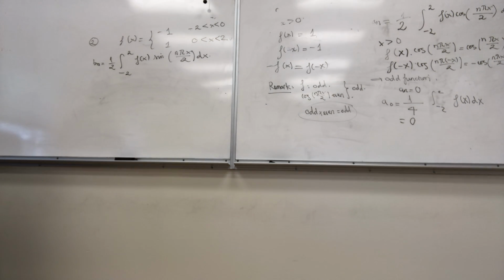All right? So what can I say about this function? It's odd. No, I want you to raise your hand. Yes? It's even, so you can take the integral from 0 to 2 and multiply it by 2.